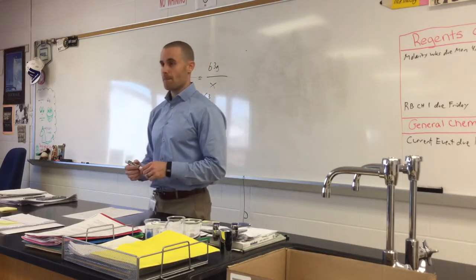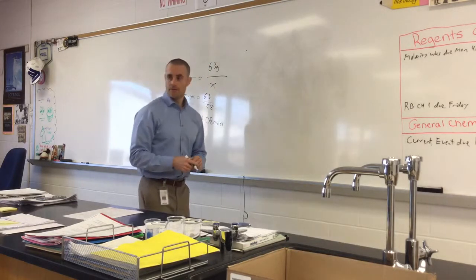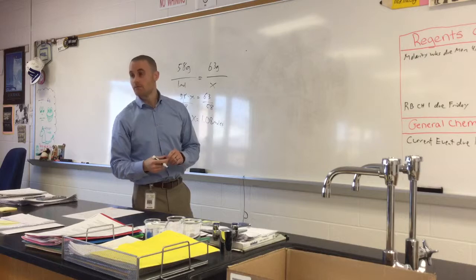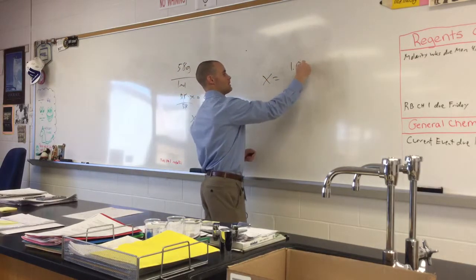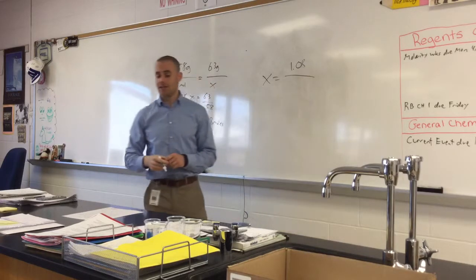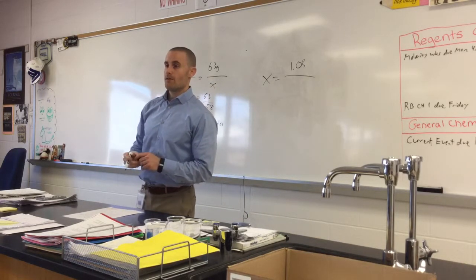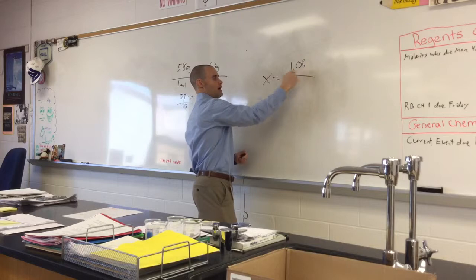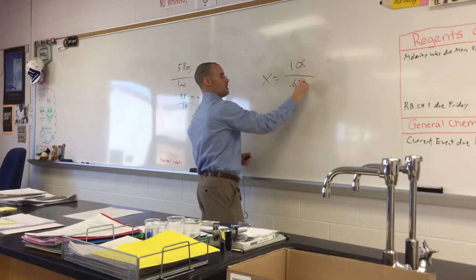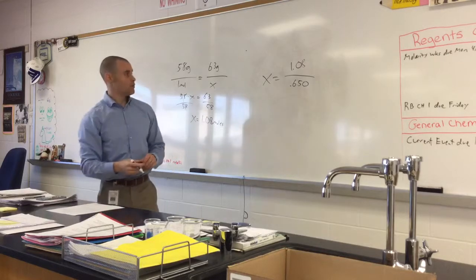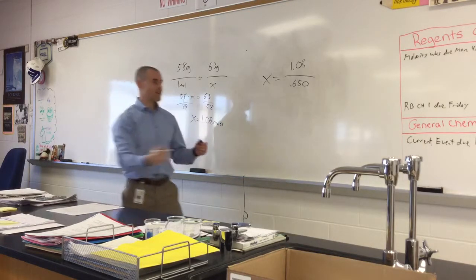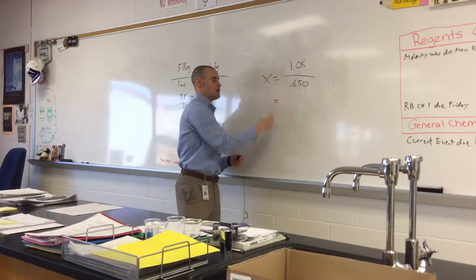You put 1.08 over 650. Close, not 650 though. Because 650 is in milliliters, we need liters. So 0.650. Very good. So we divide 1.08 by 0.650. That gives us our X, which is molarity.